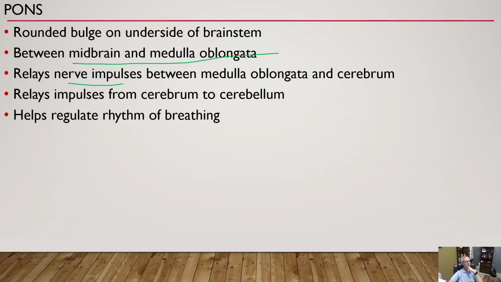It just relays those nerve impulses from the cerebrum to the cerebellum, from that medulla to the cerebrum. But it helps regulate breathing. So if you really want to take out someone, hit them in the pons.